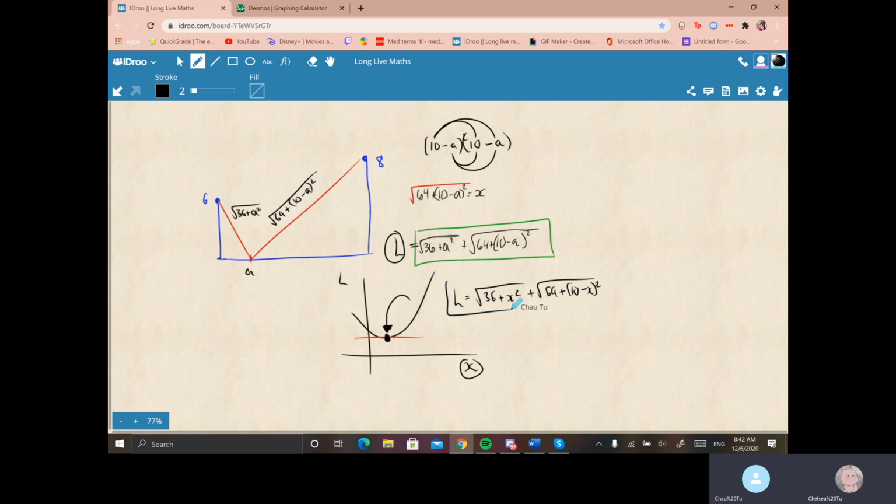Okay. This was the formula for our length, depending on where we want to pin the peg, right? If you want to find the lowest point, what do we do, Chelsea? What do we do to find the lowest point? I want to find the lowest point there. What's our next step? Set x to 0.